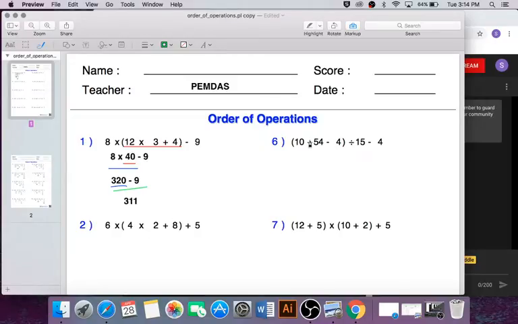Right here for our next one, we have parentheses, division, and subtraction. So again, parentheses are going to be the first thing we do.